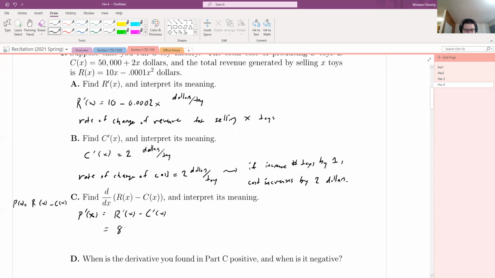So you'll have 8 minus 0.0002x. Again, this has units, so I'll just say dollars per toy. And interpreting meaning, well, just call it rate of change of profit.